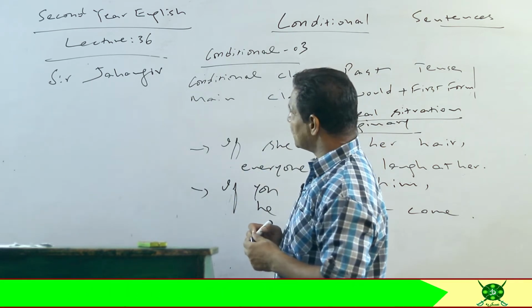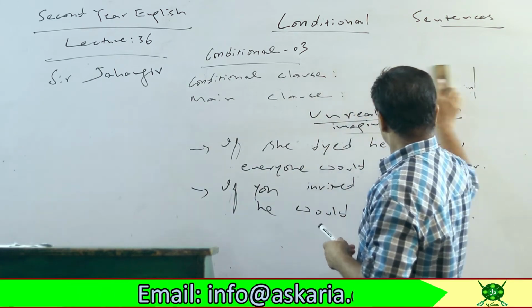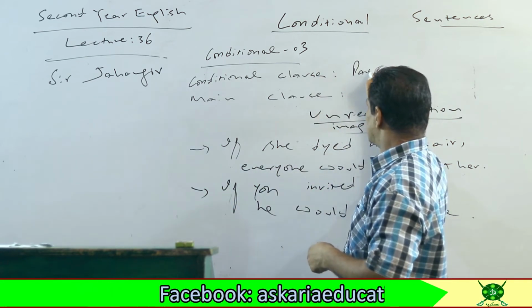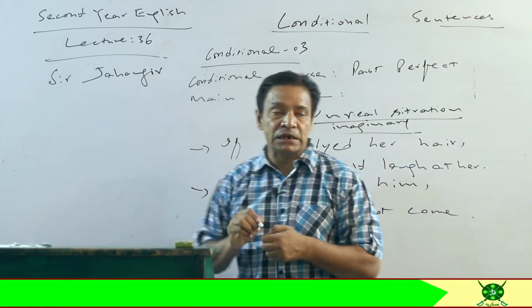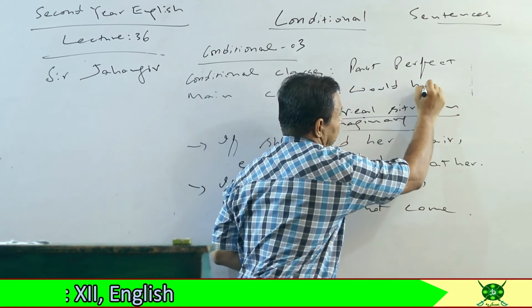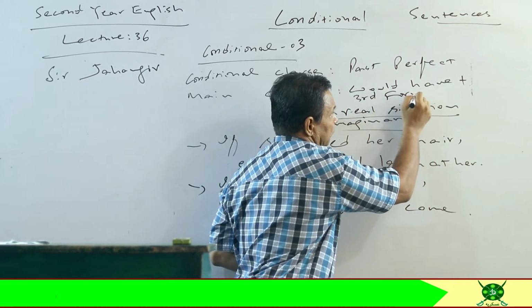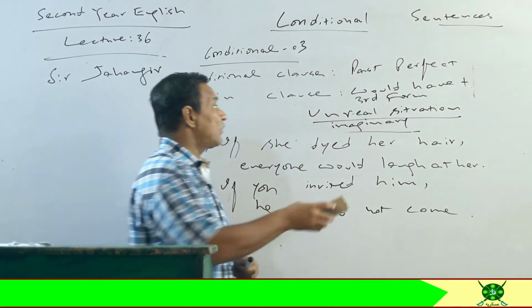Okay, so what is the third type of conditional sentence? In the third type of conditional sentence, the conditional clause will be in past perfect, and the main clause will have would have plus the third form of verb, okay, and it is telling something of the past.